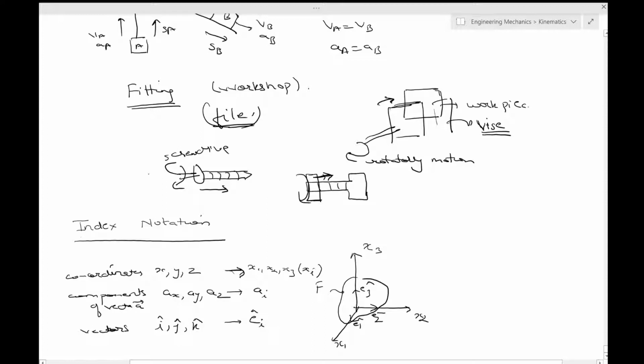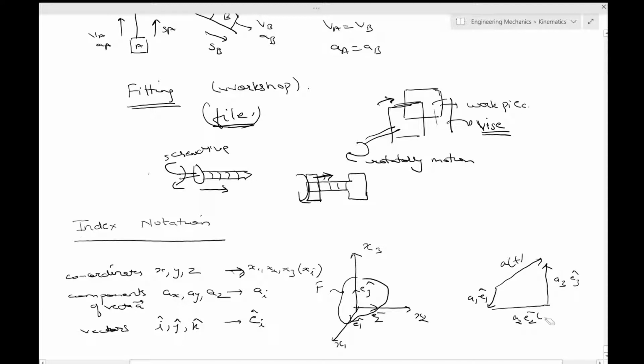Okay. So if you have a vector a at any given time, based on this coordinate system, you can have this a1 e1 hat component. You can have a2 e2 hat component, and you can have a3 e3 hat component.